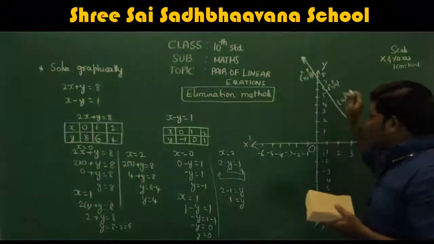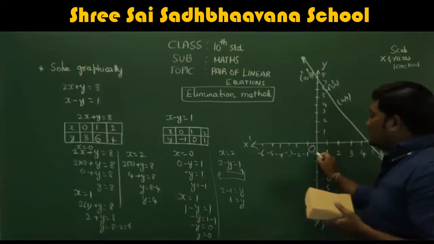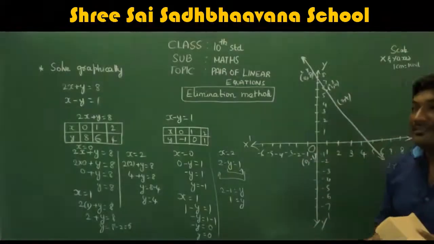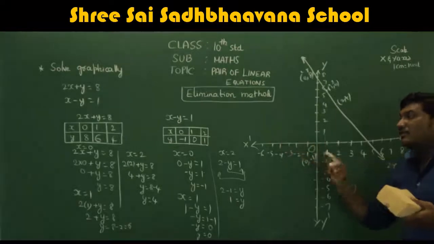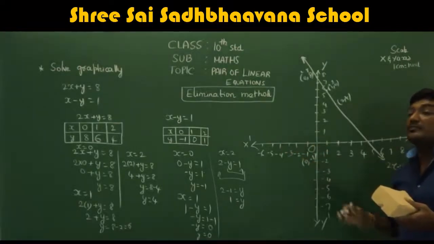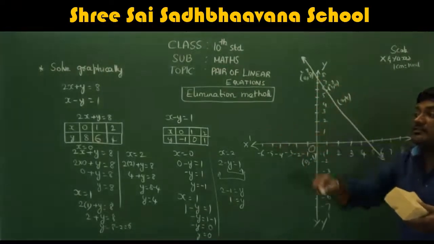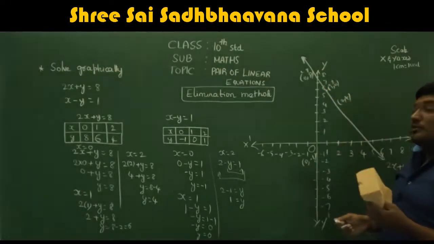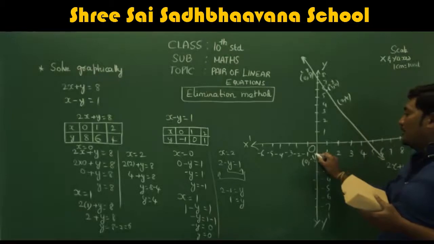It means we have to take it on the negative y-axis. If y is positive, as in the last case 0 comma 8, we take it on the positive y-axis. So 0 comma minus 1.